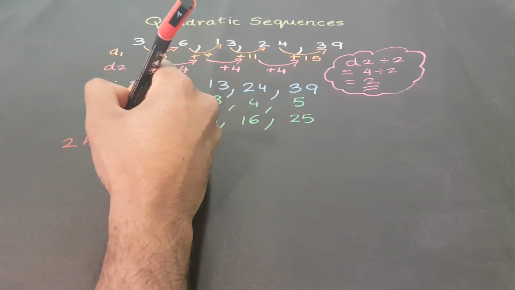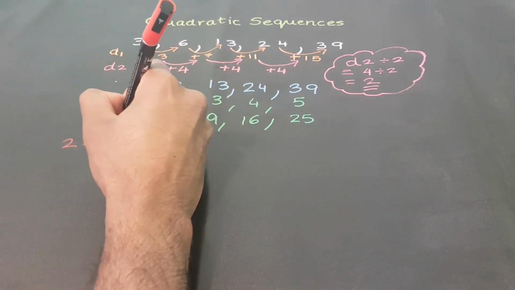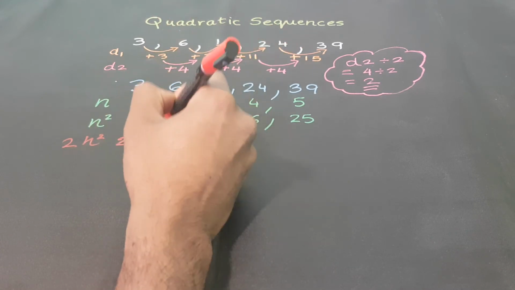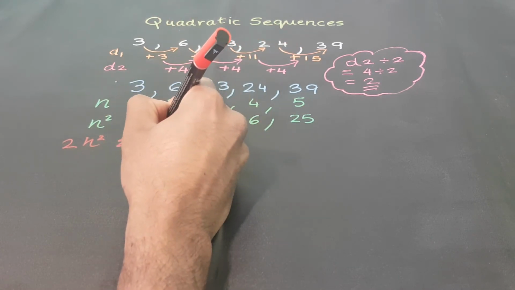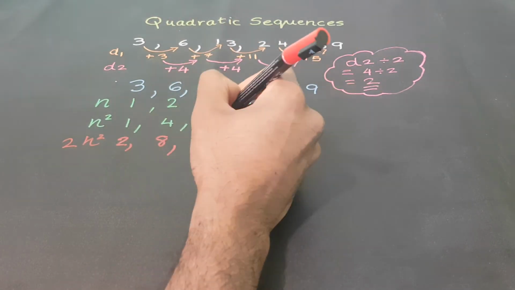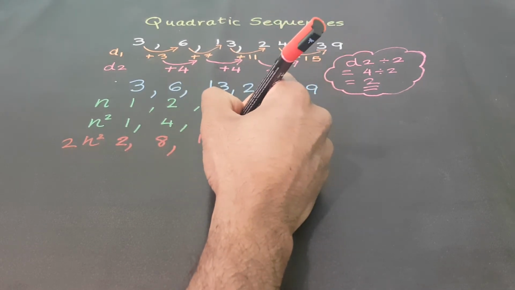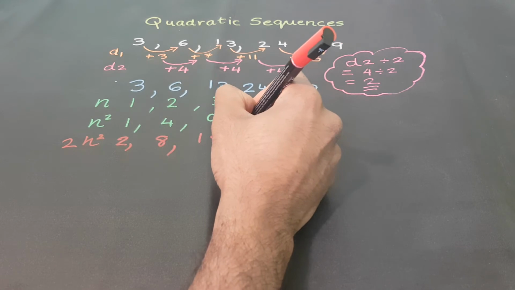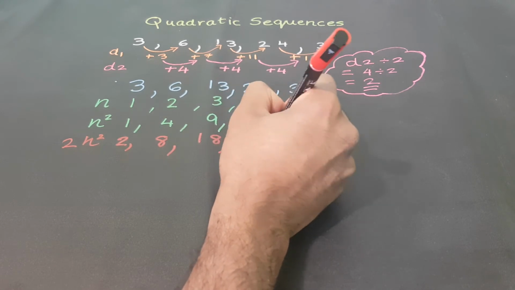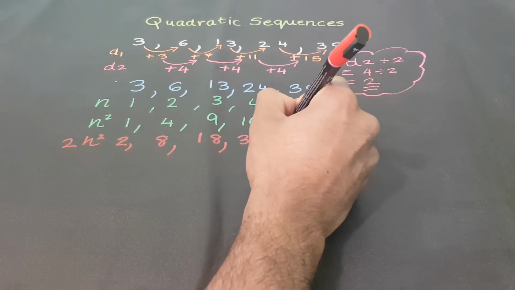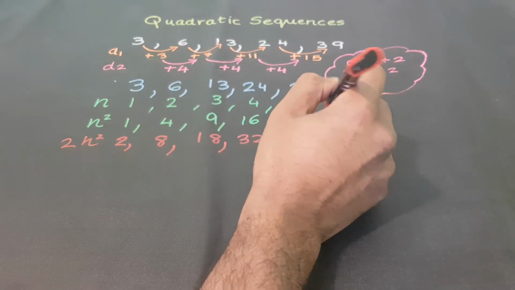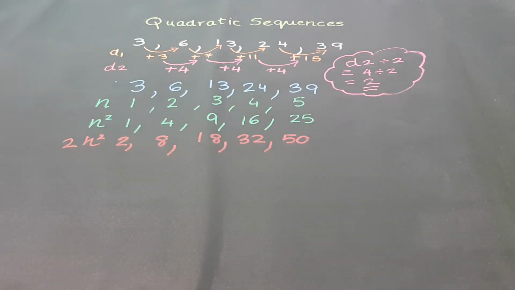To get the first number, 2 times 1 is 2. 2 times 4, 8. 2 times 9, 18. 2 times 16, 32. And 2 times 25 is 50. That's nice and easy so far.